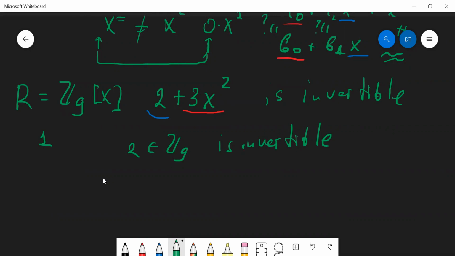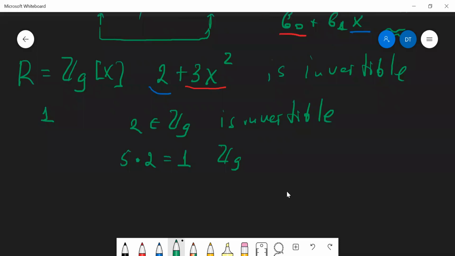You see, 2 is invertible in Z9. So 5 times 2 equals 1 in Z9. And 3 is nilpotent, exactly. And 3 to the power of 2 is equal to 0 in Z9. In particular, (3x squared) to the power of 2 is 0 in Z9[x].